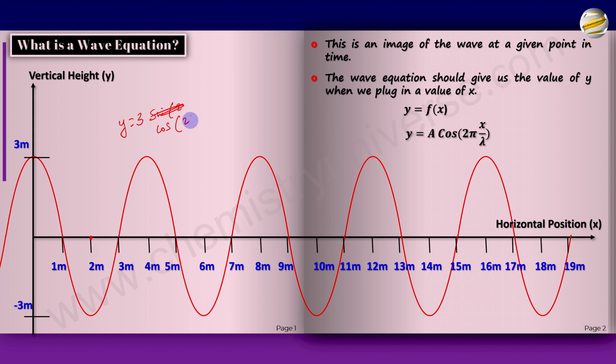Cos 2 pi x by lambda. And lambda is 4. So this is 1 by 2. And this is cos of pi. And what is the cos of pi? It is -1. So I get this into -1, that is -3. And I get the value of -3. So this is a cosine wave. So that's perfectly fine. All right.